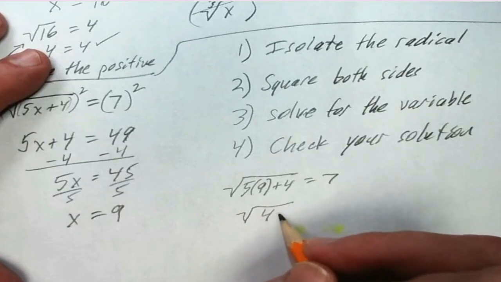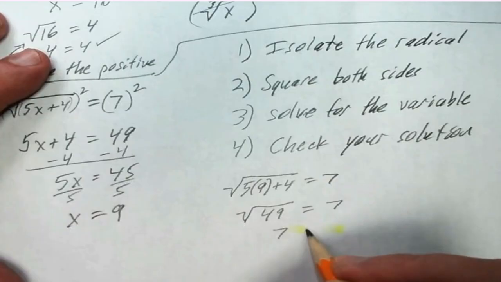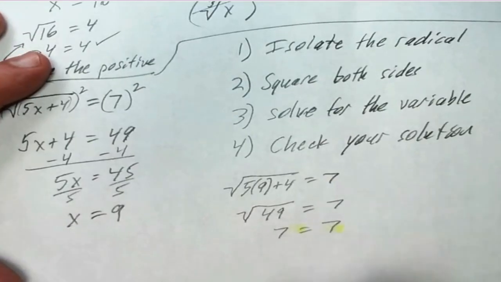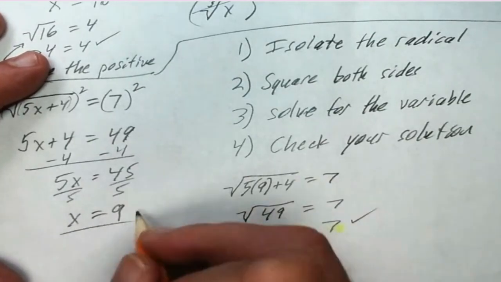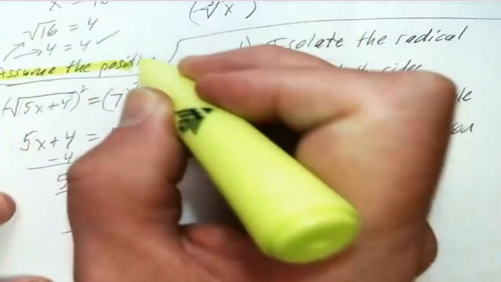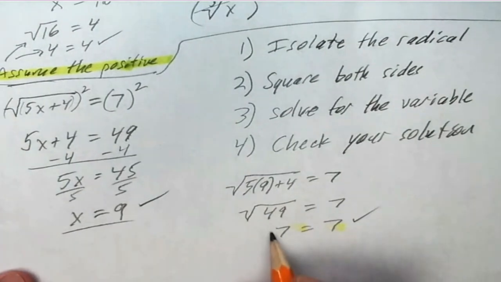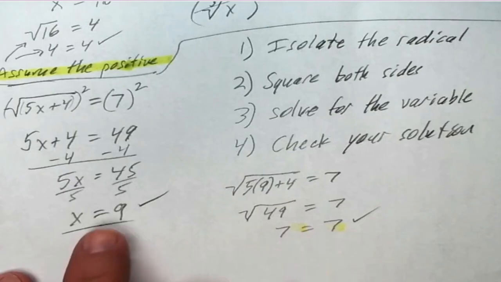So this is the square root of 49. And the square root of 49 is 7. This works. It's good. That is the solution, x equals 9. Because, remember, we always assume the positive. We wouldn't say this is negative 7. We just say it's the positive 7. This works.